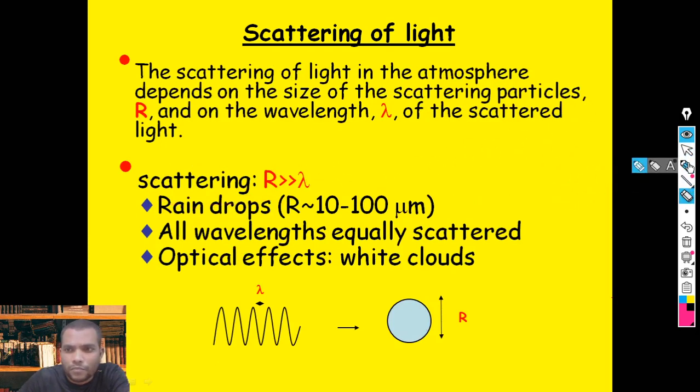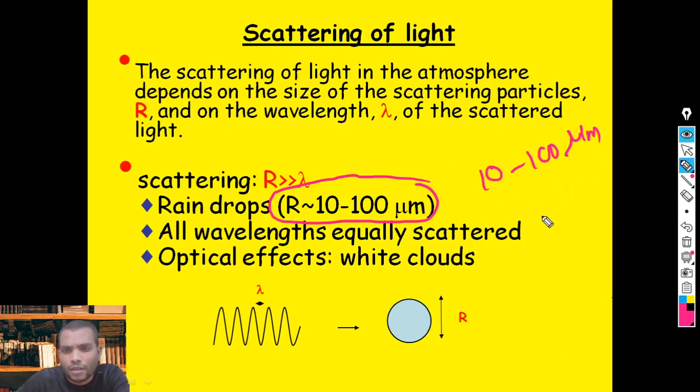If the size of the particles is, let's take a raindrop, the size of a raindrop equal to 10 to 100 micrometer. Micro means 10 power minus 6. So that much small.